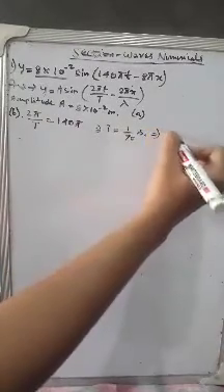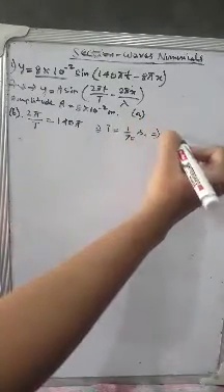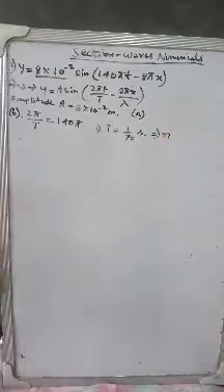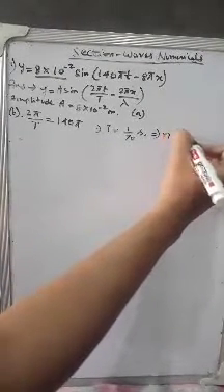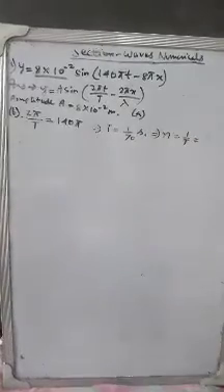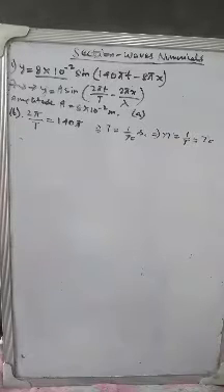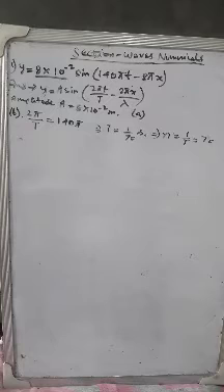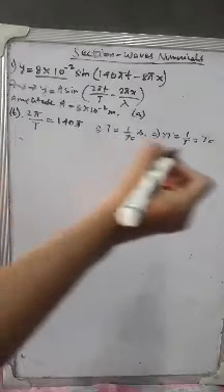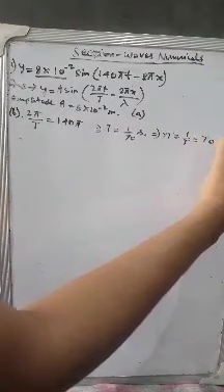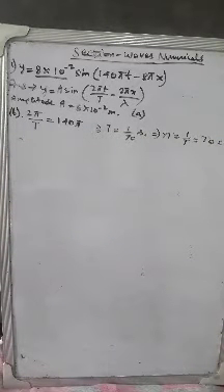The formula is small n equals 1 by T. That means 1 divided by 1 by 70 is 70, and the unit is CPS. So the value of frequency is 70 CPS.